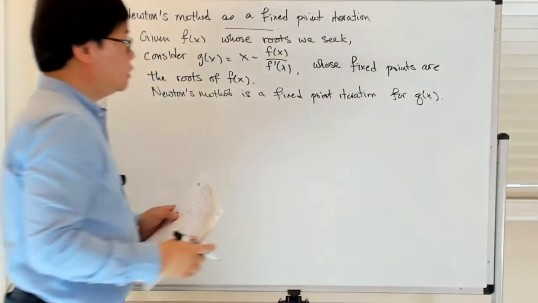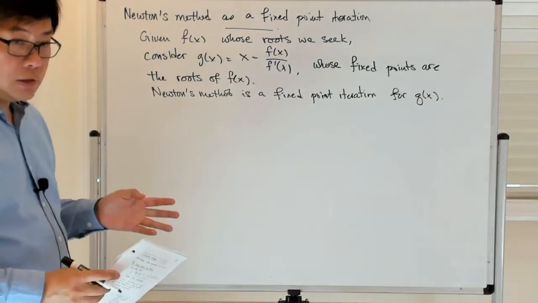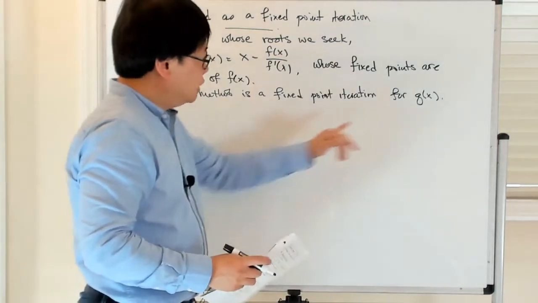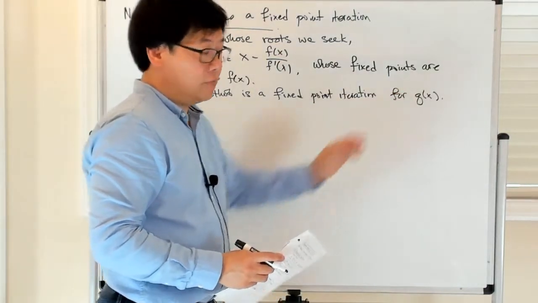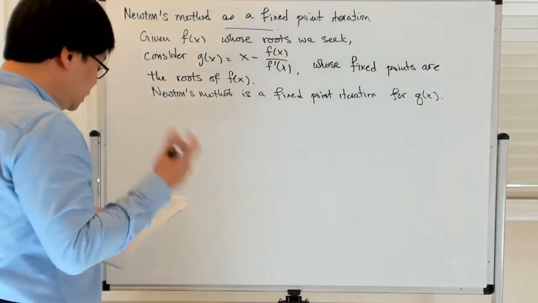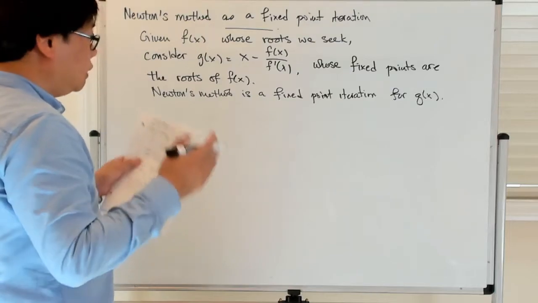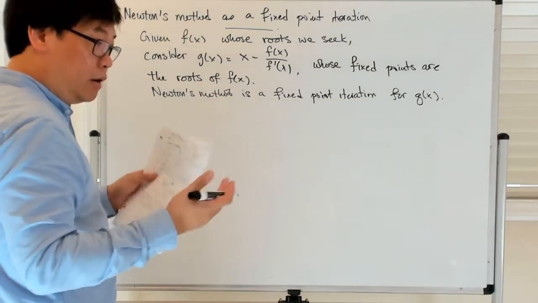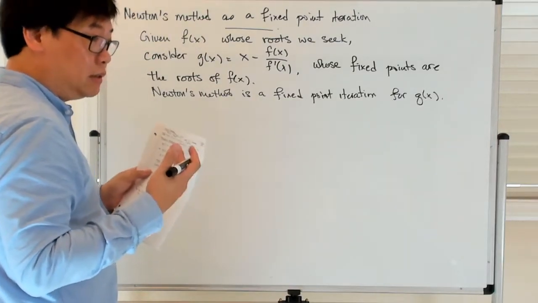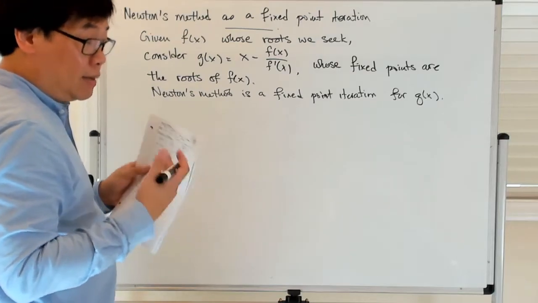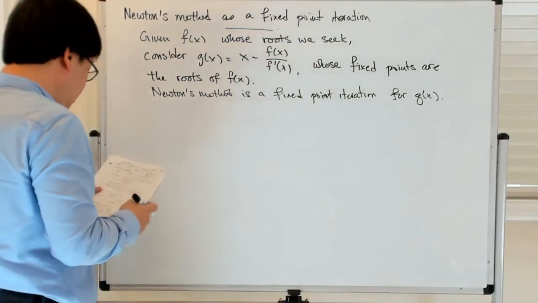So if you want to look at the convergence properties of Newton's method, you can understand it in terms of the properties of this function g of x. In particular, we need to look at the derivative of g of x and find an interval around which the derivative is bounded from above in absolute value by 1.